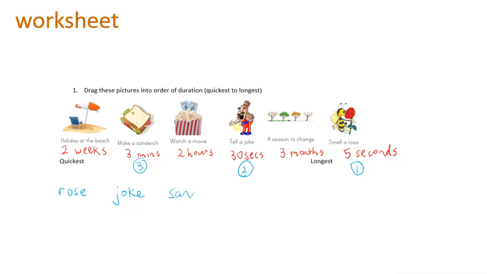Next it would be the movie. Then the beach holiday. What number am I up to? 5. And then season change. I'll just write season. So that's how you'll do these for the worksheet.